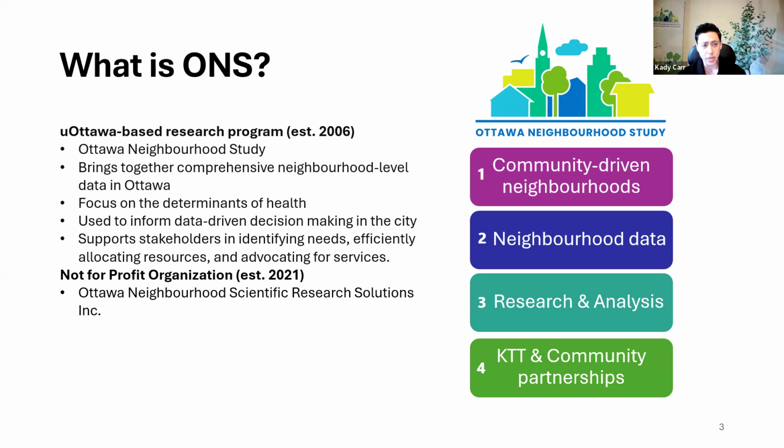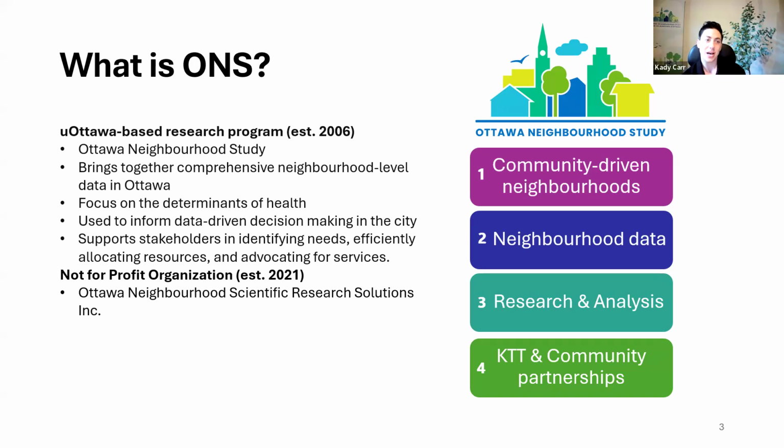We also, in 2021, incorporated a not-for-profit organization that has charitable status now. This was because the ONS started as a research project at the university. So it was a CIHR-funded grant that looked to define neighborhoods and gather data on the social determinants of health, but it became a resource in the community that became continuously funded.